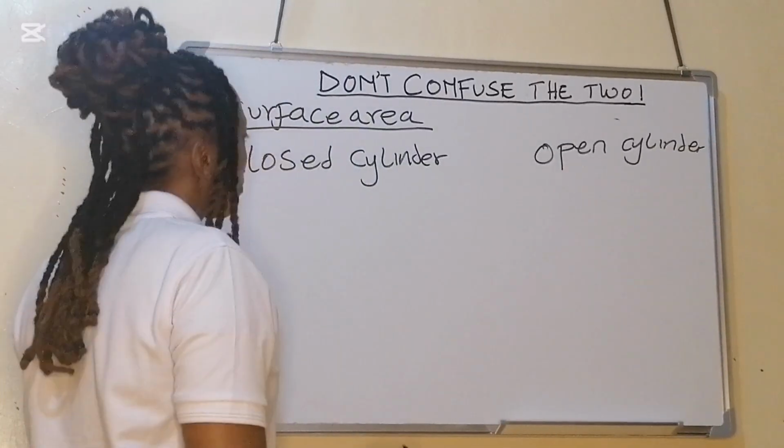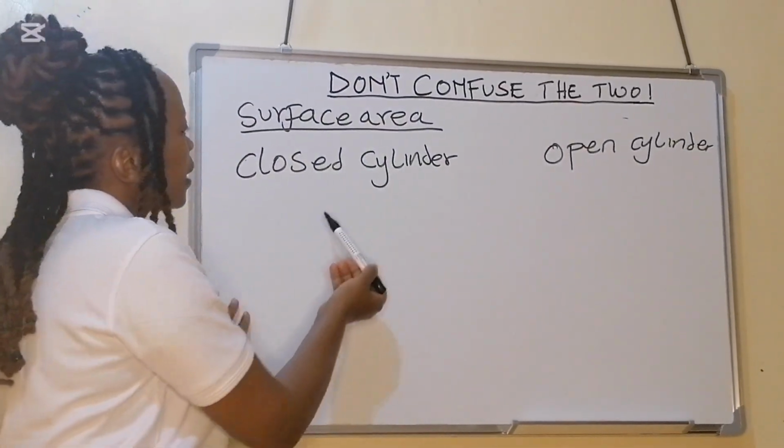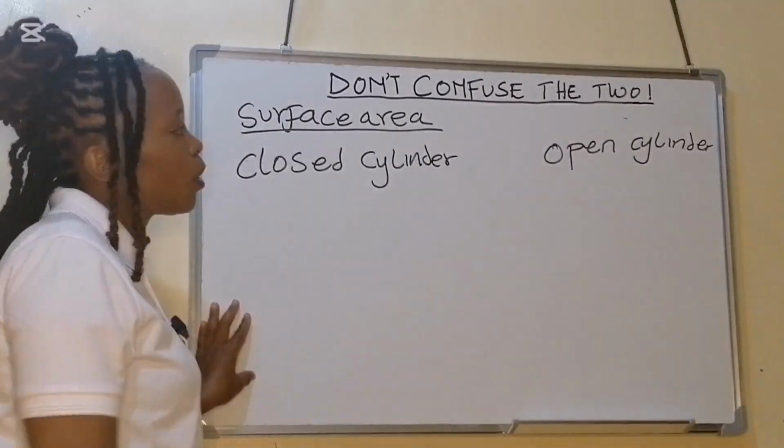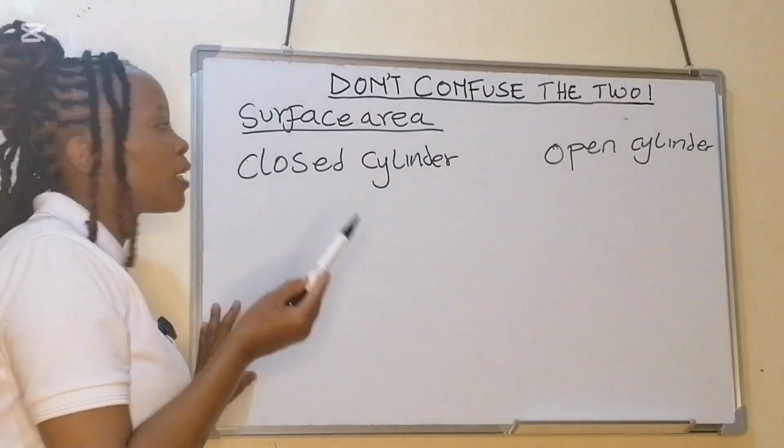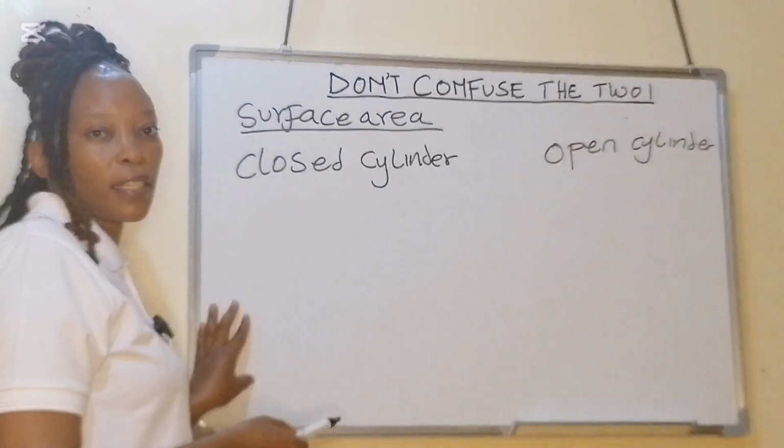Students will confuse the two. Some students will calculate closed cylinder and the question is asking open cylinder. Some students will calculate open cylinder and the question is asking closed cylinder.